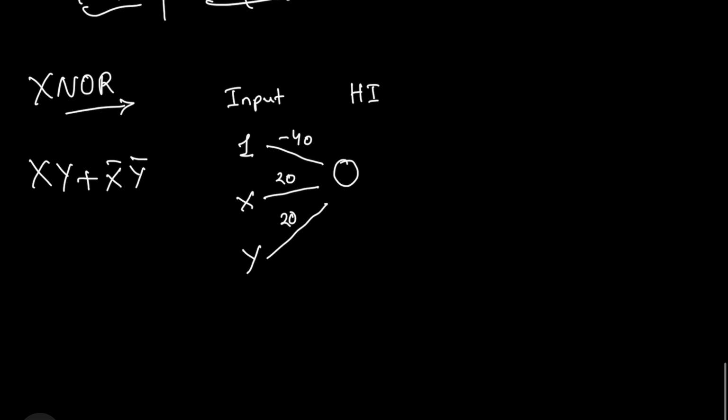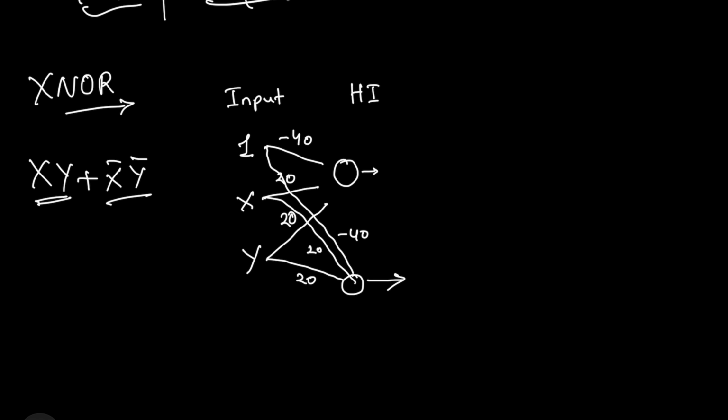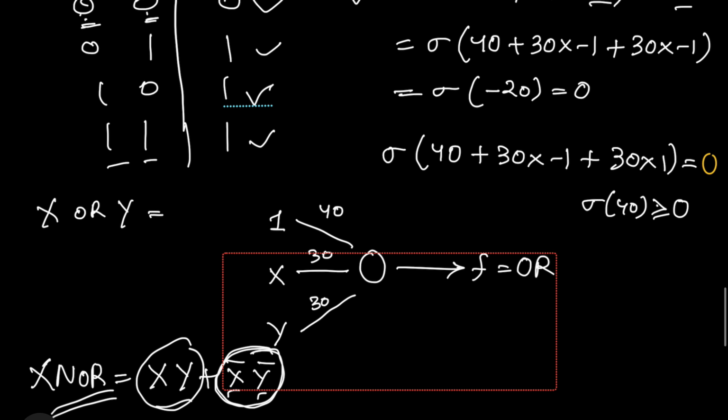Now this output will give the AND, right? Again I take another neuron, and the same weights, negative 40, 20, 20. Now this would give xy and this would give x complement y complement, right? Now we need to just do OR. So if I take here 1 and just give the weights of OR, which was 40, 30, 30.